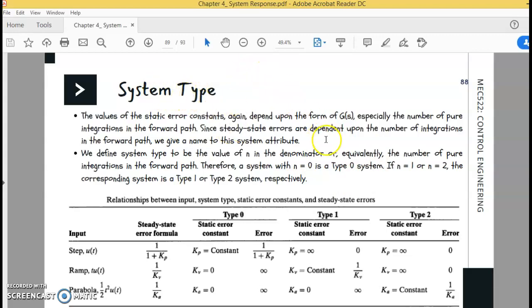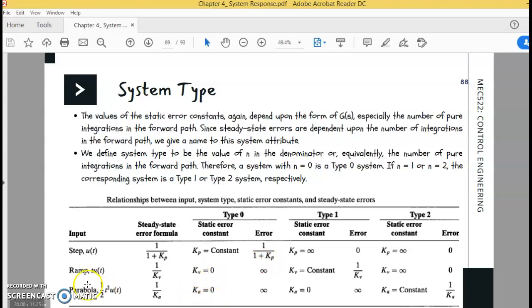Okay, so as I explained before, type 0. So when type 0, for the step, KP is a constant number, so the error is not infinity, it's some finite value.